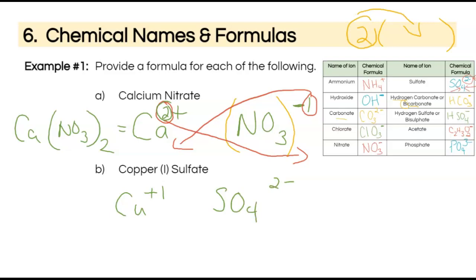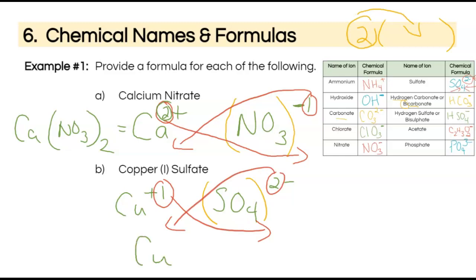And so now I'm going to do what I did before, which is to put brackets around my polyatomic ion, and then go ahead and cross down those charges. Okay, and what I get when I do that is I end up with Cu, and then this 2 over here comes down, and then I have bracket SO4 bracket 1.